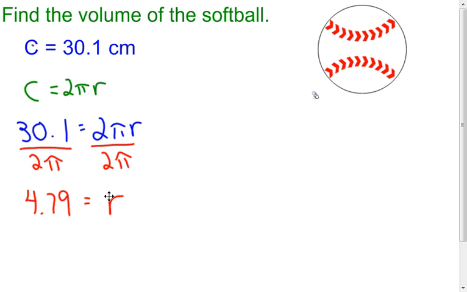Well, if I want the volume, I just need to take that radius and plug it into the formula. So my volume equals 4/3 pi r, which is 4.79 cubed. Now I just need to punch it on my calculator.